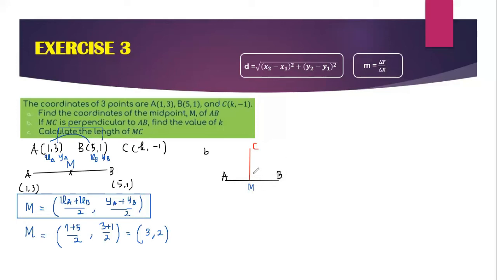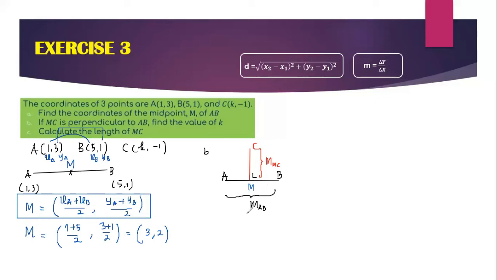Perpendicular means two lines form a right angle, 90 degrees, right? So first we are going to find the gradient of AB, and second, we are going to find the gradient of MC. Clear?